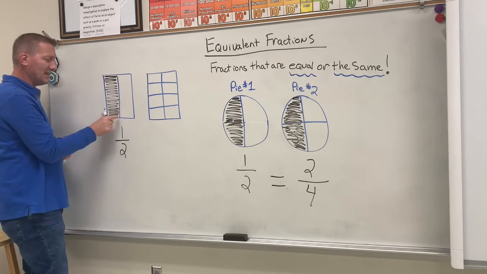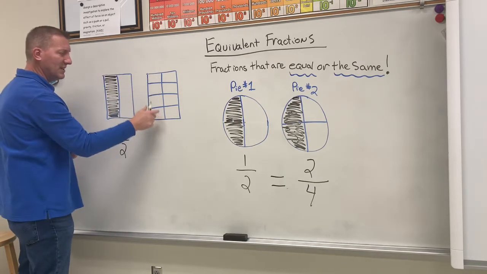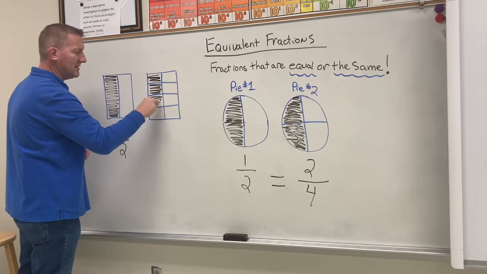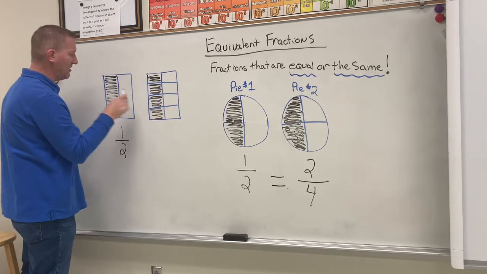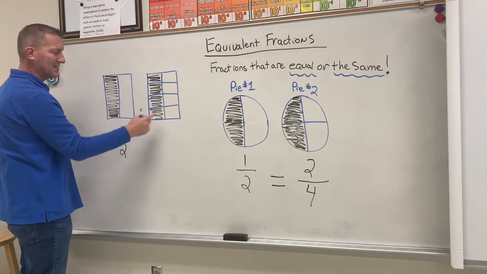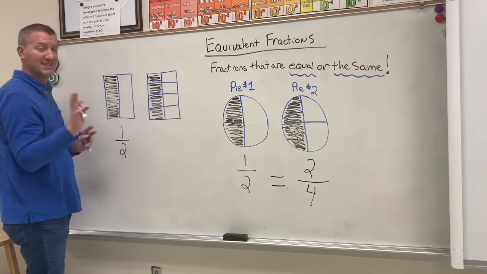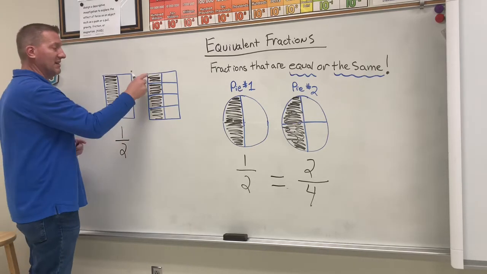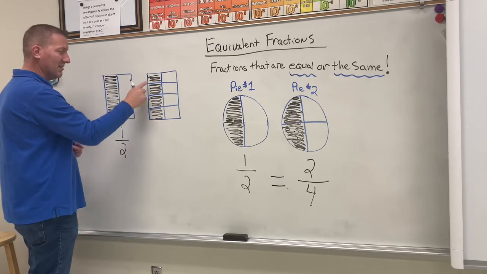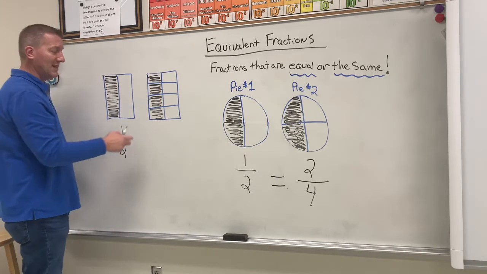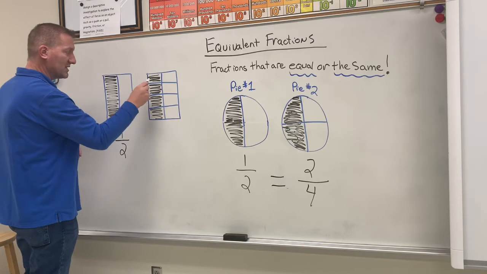If I shade the same section in my second example, my second square, or rectangle. It's a rectangle, excuse me, I called it a square. In my rectangle, if I shade the same portion, let's see what our fraction would be over here.